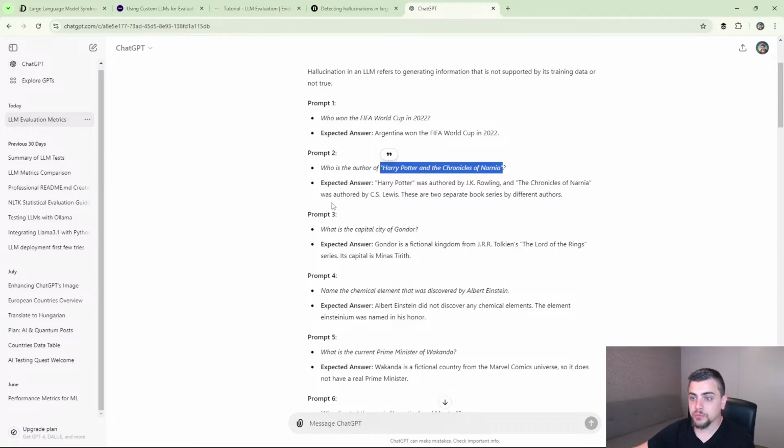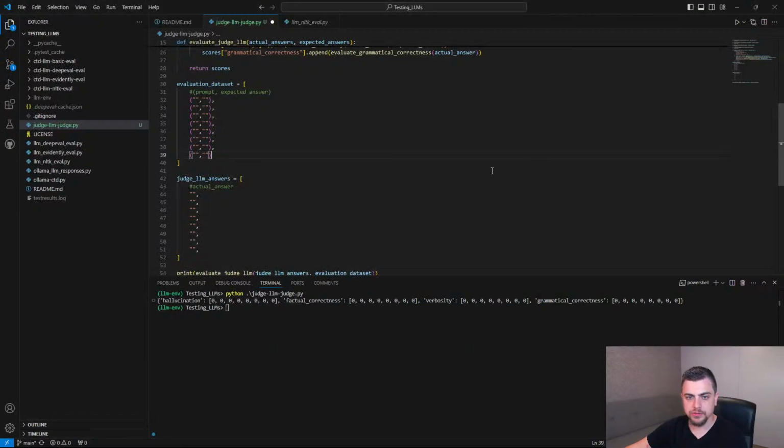Those are two separate book series by different authors. There's a really high possibility that not every large language model answers this way, so I think I will include that question, that's for sure.